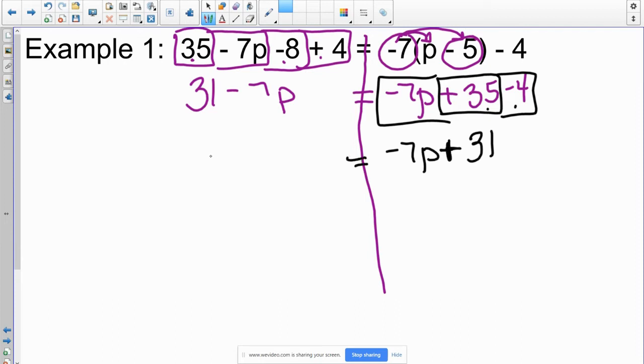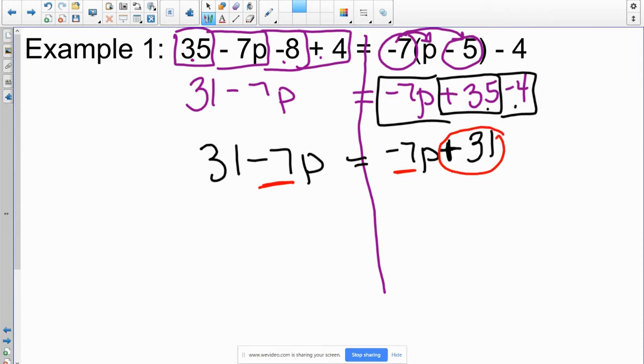I go back to my left side and look at what I have. This is where that interpretation comes into play, and learning target 2, where we looked at coefficients. I know the coefficient, which is the number in front of the variable, is -7. I look on the right side, and it is also -7. So it has the same coefficients. And then I'm going to look at the constants.